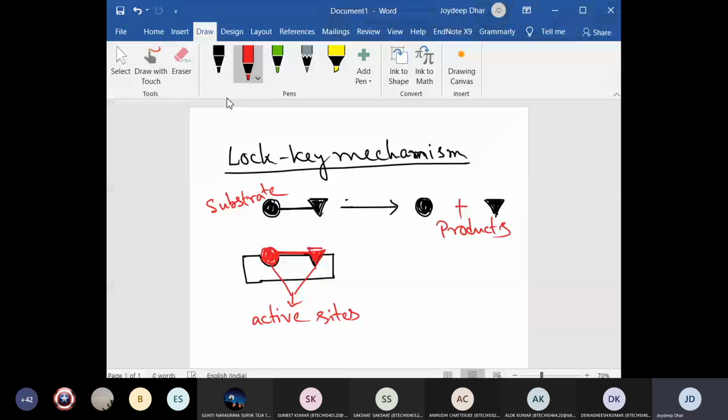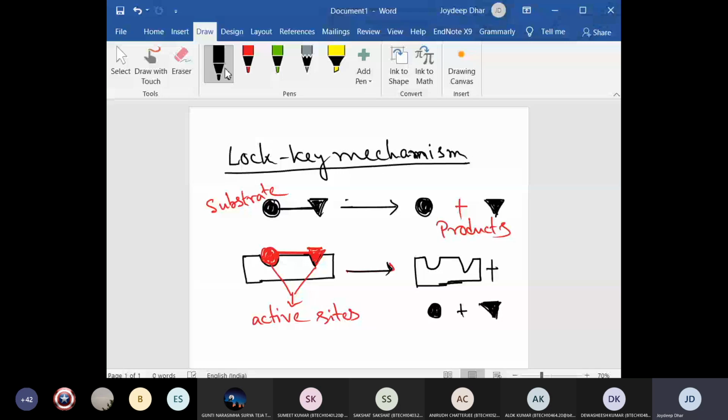After the reaction, the enzyme is regenerated, and in the product you can see the chemical bond has been broken. So you now get the enzyme back and the products.